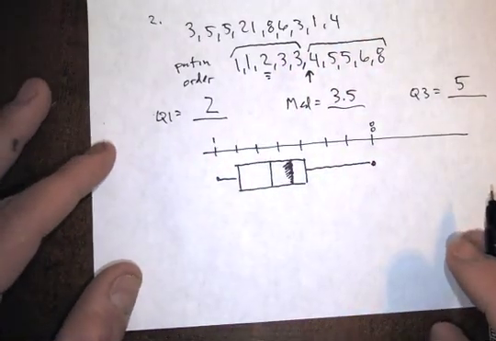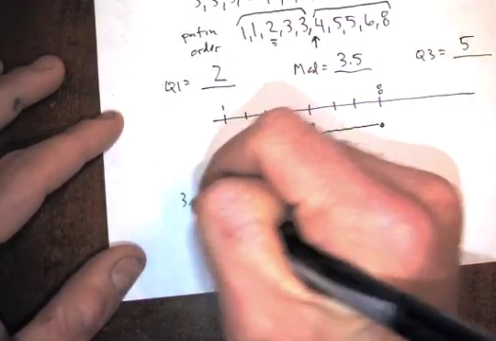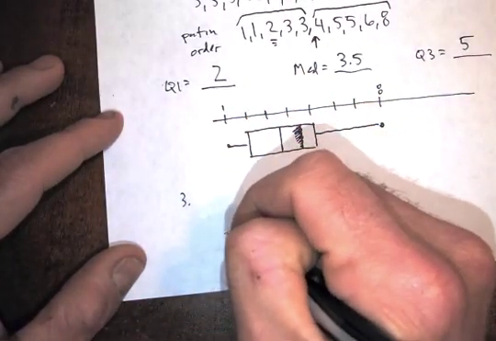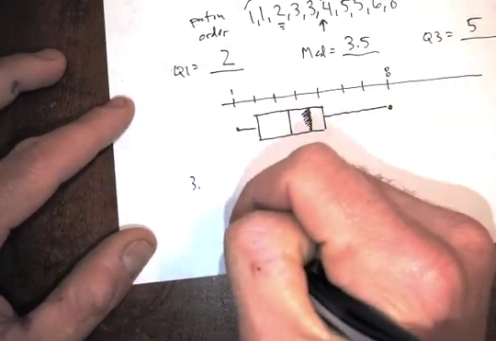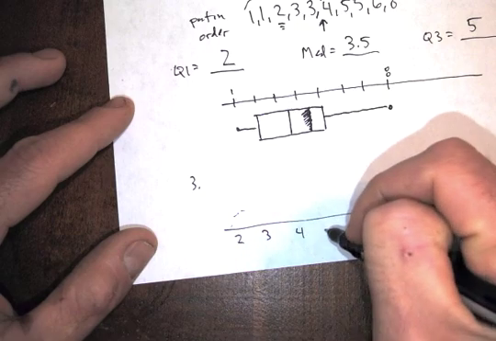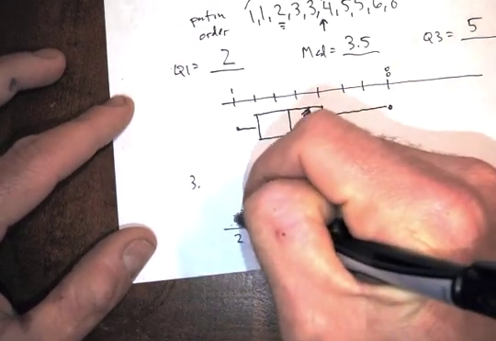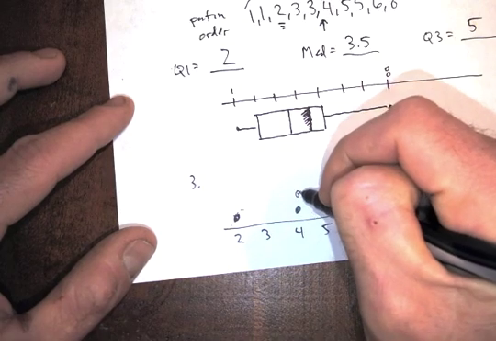Okay, that's the majority of what you need to do. The other thing that's going to show up, guys, is a dot plot. Let me just give you a quick example of a dot plot. It would look something like this. There'll be a number line with dots above it.